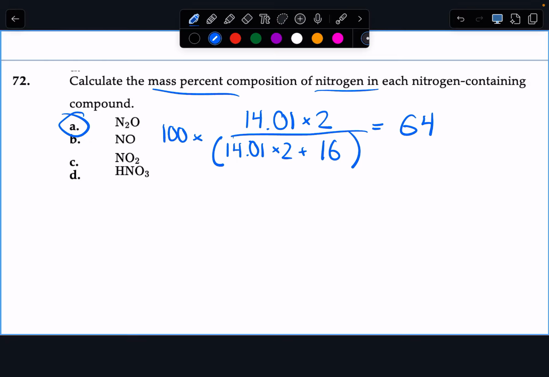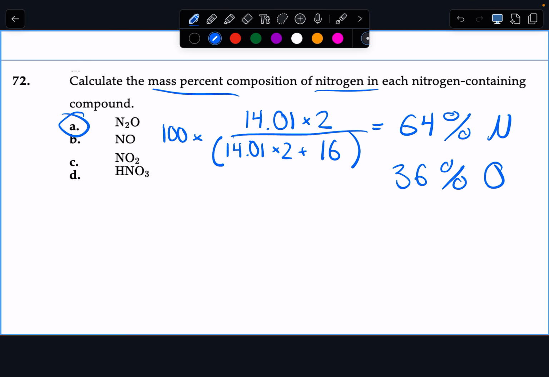Yeah, 64%. So what we're saying there is that 36% would be coming from oxygen by mass. Obviously by moles, that's not the case. It's a 2-to-1 ratio, so it's kind of close, 67% nitrogen by moles or by atoms, but by mass, it's only 64%.